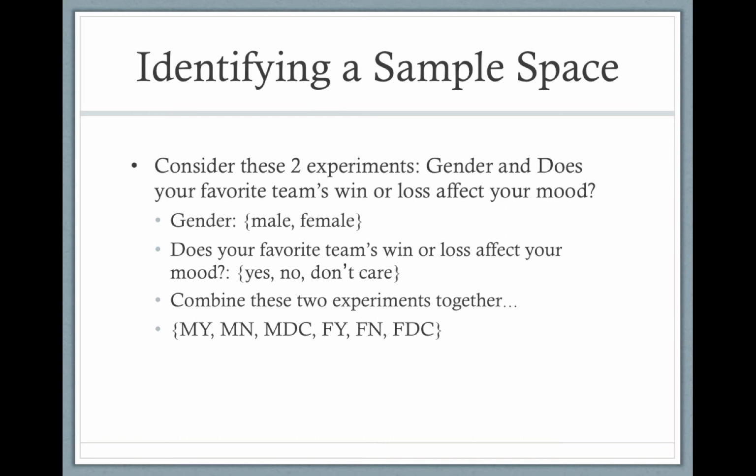Now we need to go back, pick a female, and do the same thing with the 3 options for does your favorite team's win or loss affect your mood. So now we have a female yes, a female no, and a female don't care. All right, so in total we've got our 6 outcomes there when combining those 2 experiments.